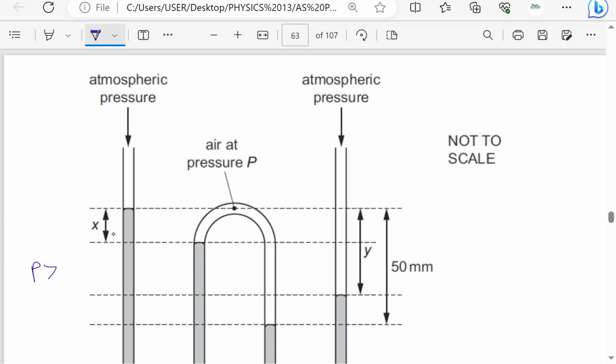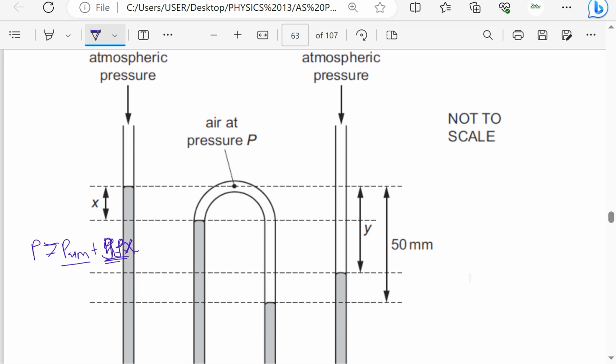So P is going to be equal to atmospheric pressure plus the pressure due to the height X, which is G times density times the height X. P is greater than atmospheric pressure.